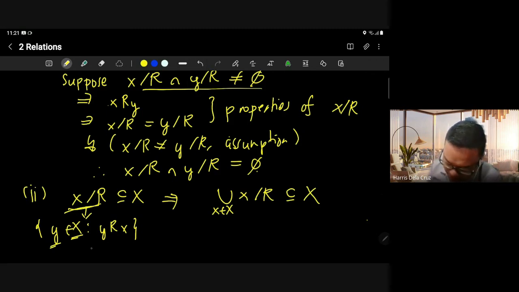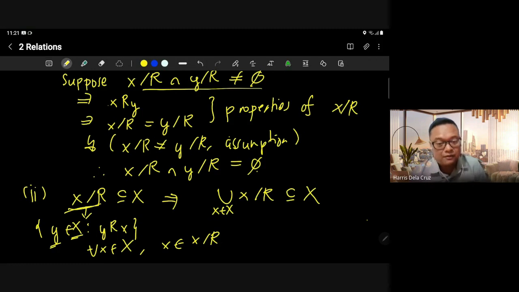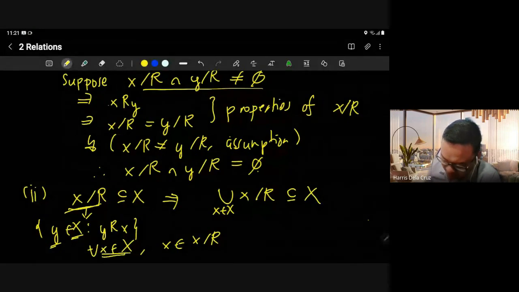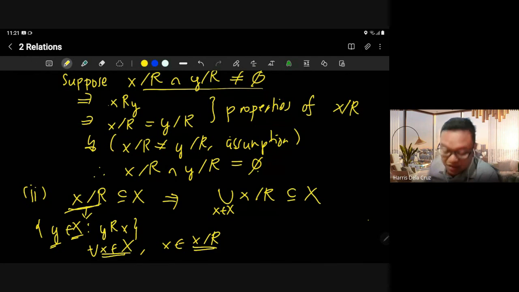Now, kung papansinin natin, for every x in the capital X, di ba, by the property, x must be an element of x over r. That's the first property, di ba? Pinakita natin na x over r is not empty because x is always in the equivalence class x over r. So, kada isang laman nitong X ay nandito sa equivalence class nito. Pero syempre, lahat ng equivalence class na to nasa union.